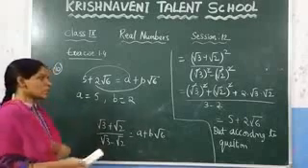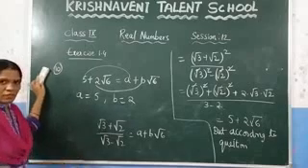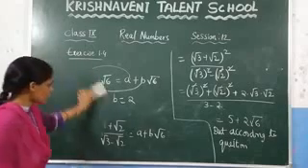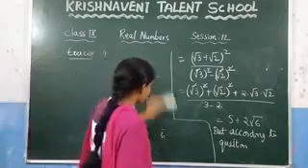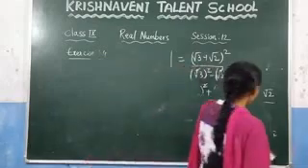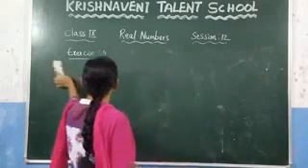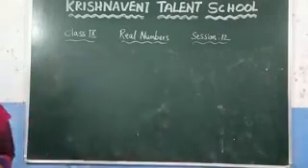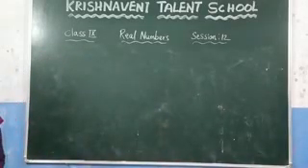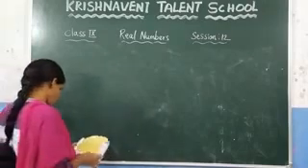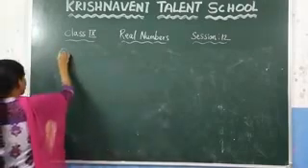Now you can see the next question, which is the last question in this chapter. Now see the last question. With this, the chapter is going to be completed. Question.